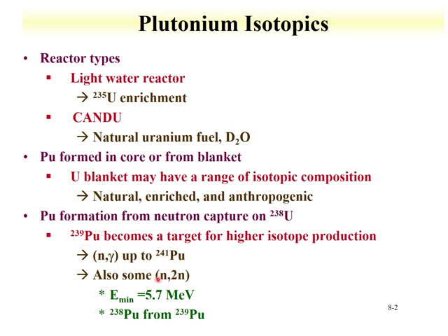There can also be some n,2n reactions if you have fast neutrons, so you can also produce plutonium-238. If I have a fast neutron and it hits plutonium-239, it'll make plutonium-240, 2 neutrons coming out, plutonium-238. So from this we should get an idea that information related to the isotopic ratios of plutonium-238, plutonium-239, plutonium-240, and plutonium-241 can provide information about the reactor type and even the time that that material spent in the reactor.